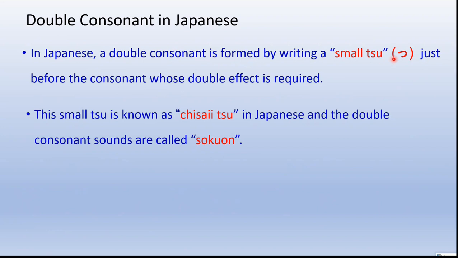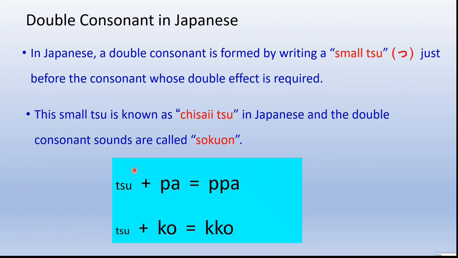So how does it work? This chisaitsu plus pa gives the sound of double consonant pa. We will see in the next slide how words are formed using this concept. Similarly, tsu plus ko will give the sound of kko.